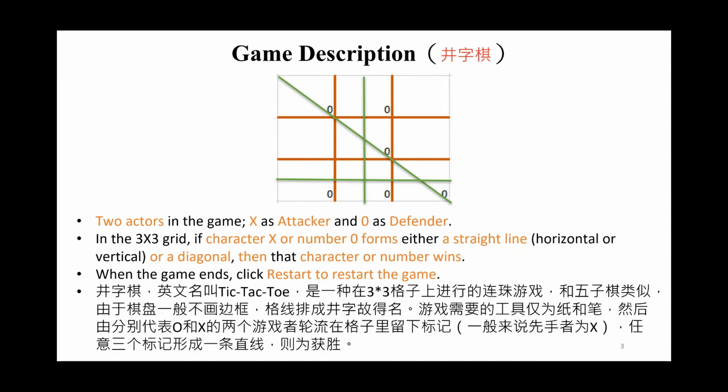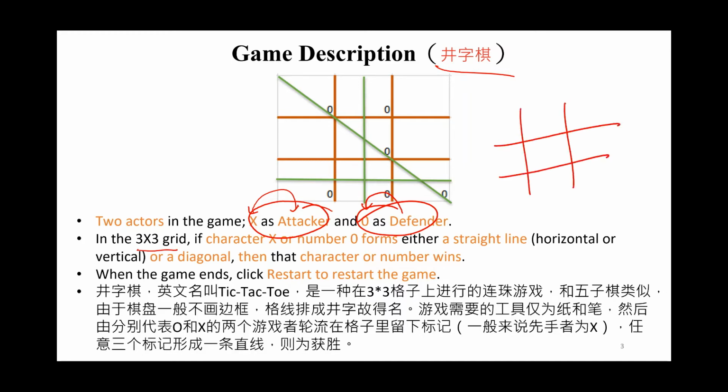For people who are not familiar with the tic-tac-toe game, it only has two actors, the attacker and the defender. The attacker is represented by the character X and the defender is represented by the number 0. The game is played in a 3x3 grid, something like this.